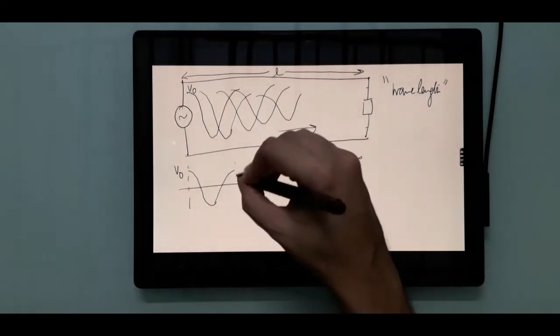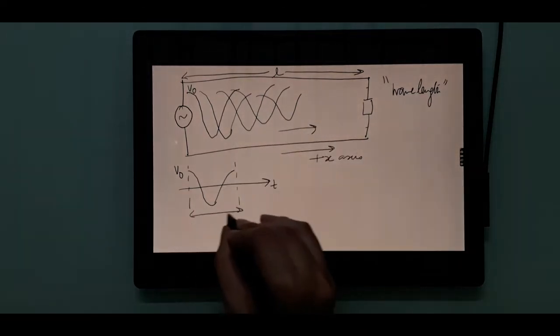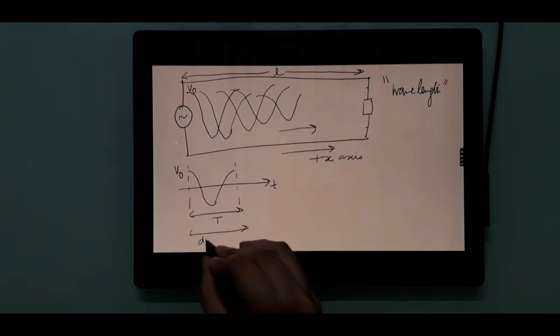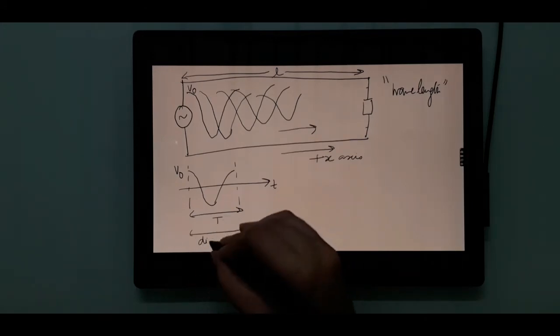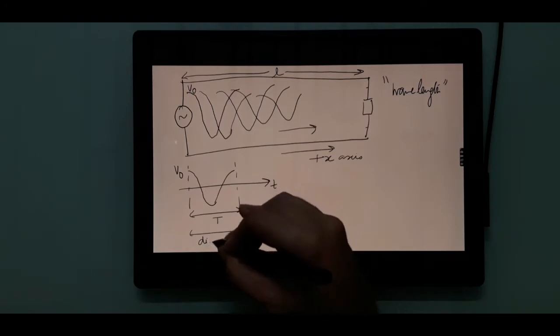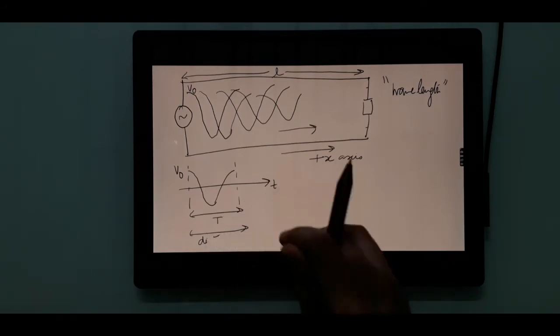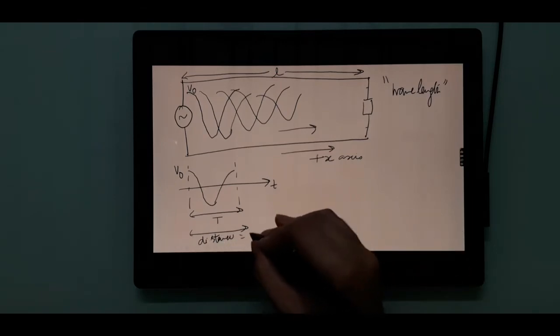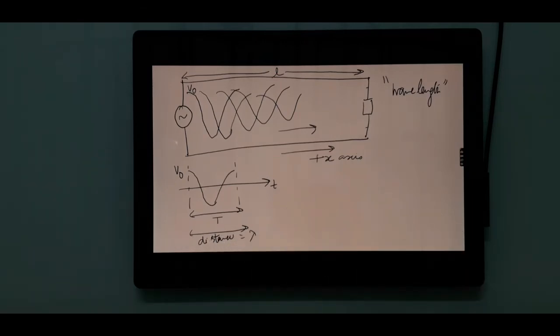So for example, this is the time period, that is t. The distance is the wavelength lambda. Now, let's say we make lambda very small.